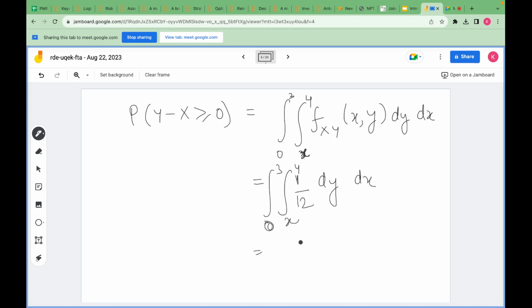So this is nothing but y by 12 from x to 4 into dx, integrating from 0 to 3. This will come out to be (4 minus x) by 12, dx integrating from 0 to 3.